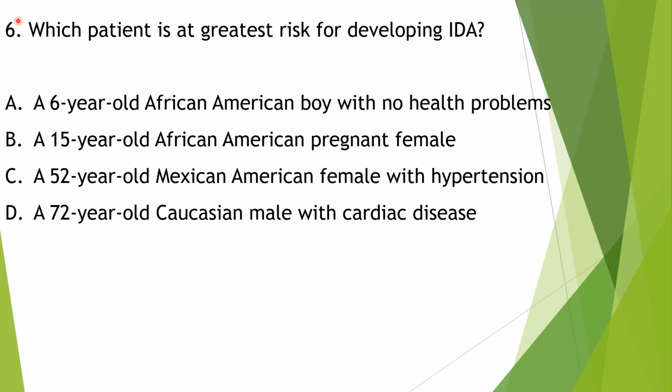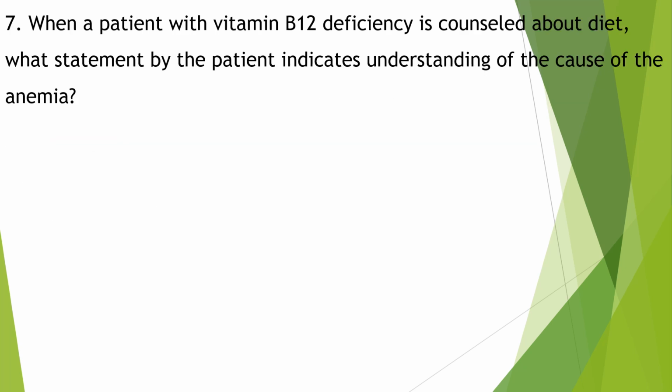So if you see a patient, iron deficiency anemia is mostly associated with females, and also during pregnancy there can be a deficiency. If the patient is African American, there are more chances, and the age also, if you are seeing, there is a greater risk of developing iron deficiency anemia.